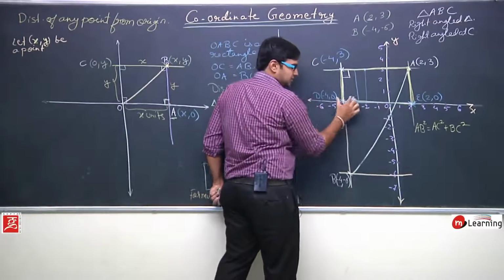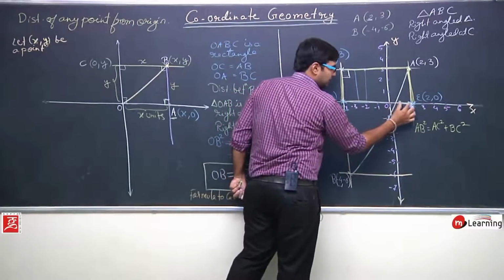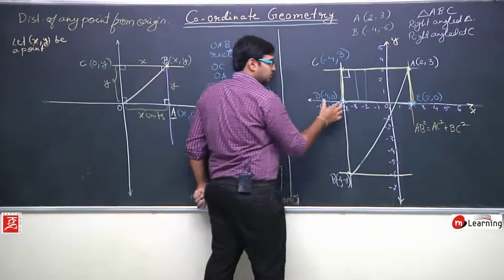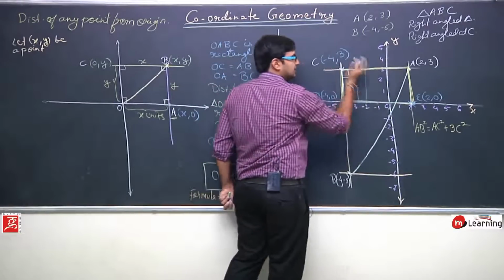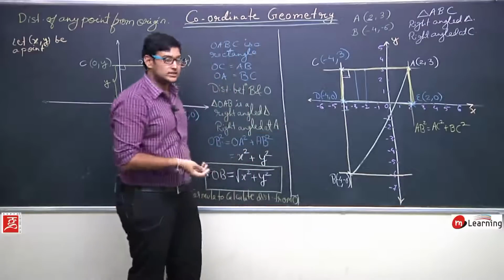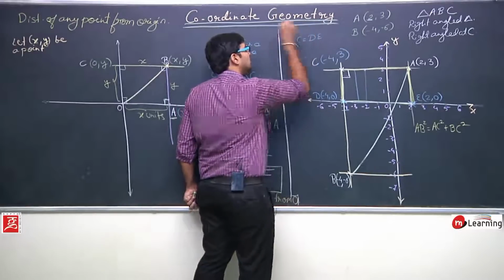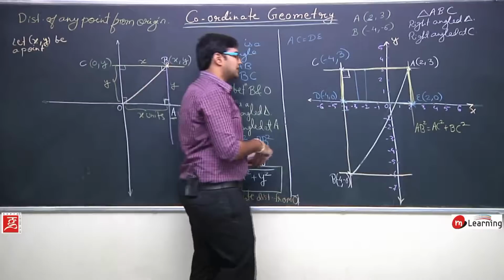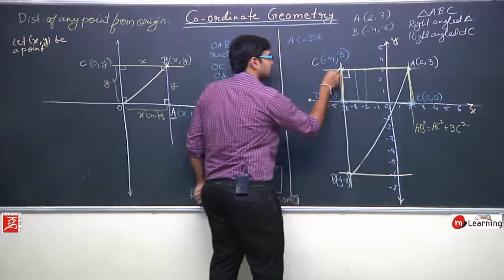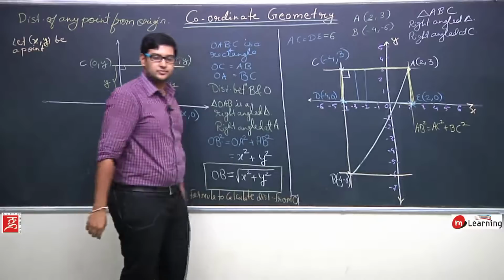The distance between D and E is 1, 2, 3, 4, 5 and 6 units. So if the distance between D and E is 6 units, then the distance between A and C has to be 6 units, because AC is equal to DE. So we have calculated this distance, and it is equal to 6 units.